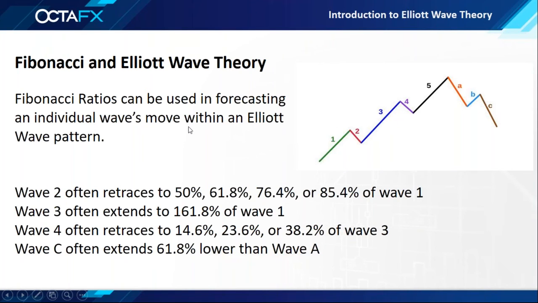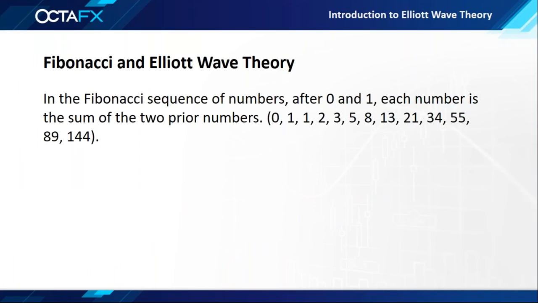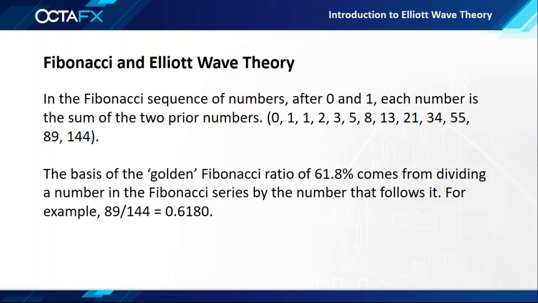So let's talk about where these Fibonacci ratios are derived from quickly. In the Fibonacci sequence of numbers, after 1 and 0, each number is the sum of the two prior numbers. So here we have the Fibonacci sequence of numbers. So we know what the Fibonacci numbers are, but where do these ratios come from? The basis of these ratios comes from dividing a number in the series by another number in the series. So the golden Fibonacci ratio of 61.8 comes from dividing any number in the Fibonacci series by the number that follows it.